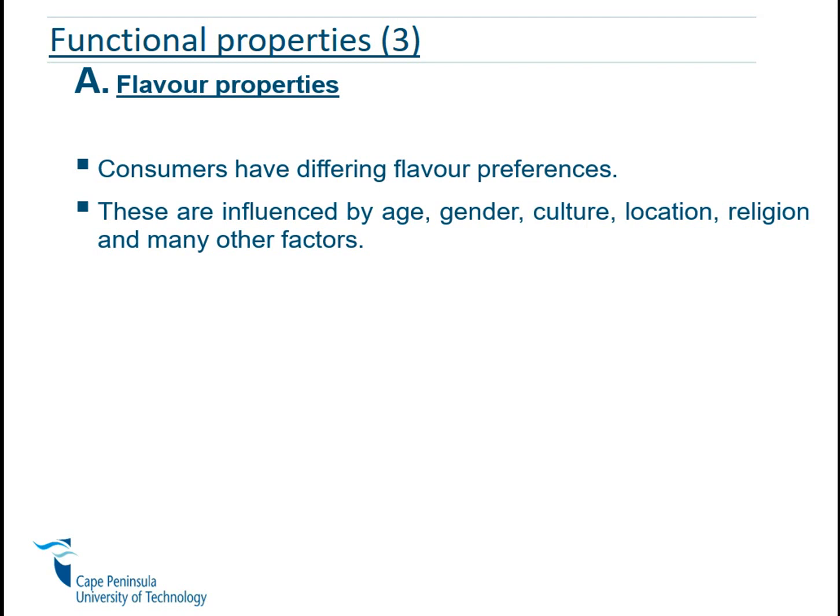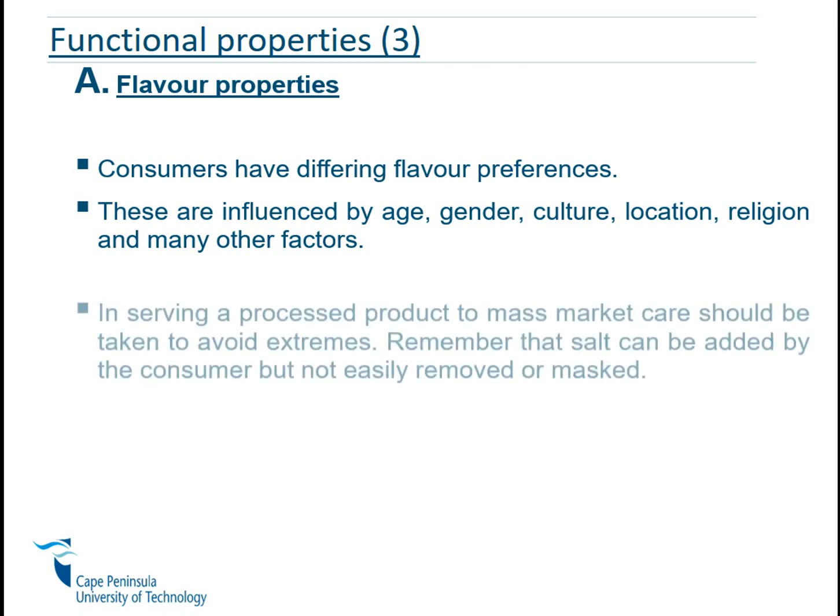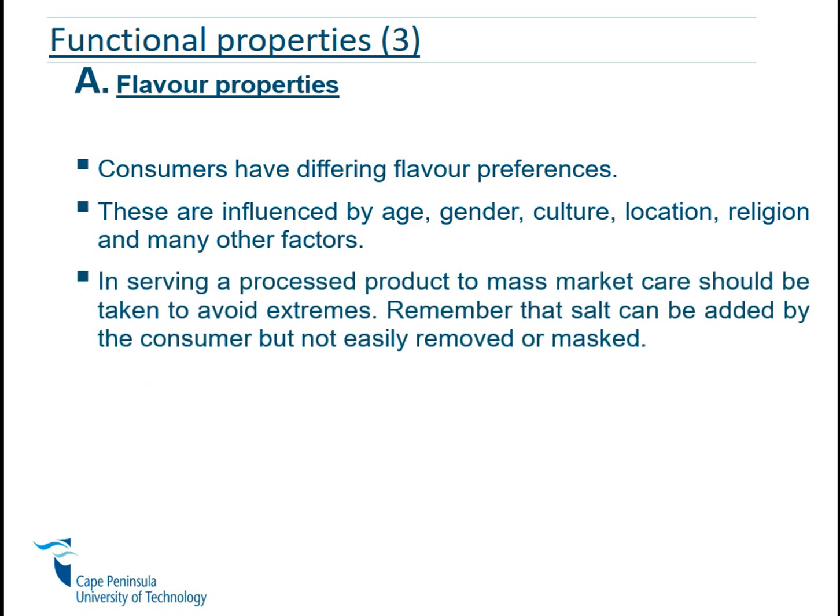Therefore, how does this influence or affect us as food processors or food scientists? In serving a processed product to a mass market, care should be taken to avoid extremes, too much salt, too much chili, right?